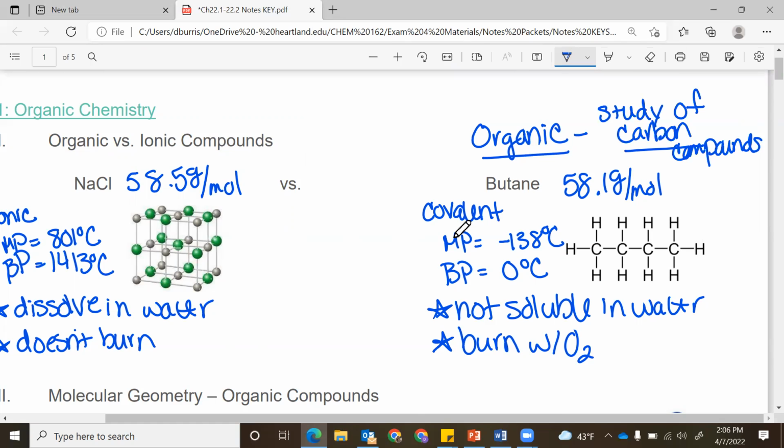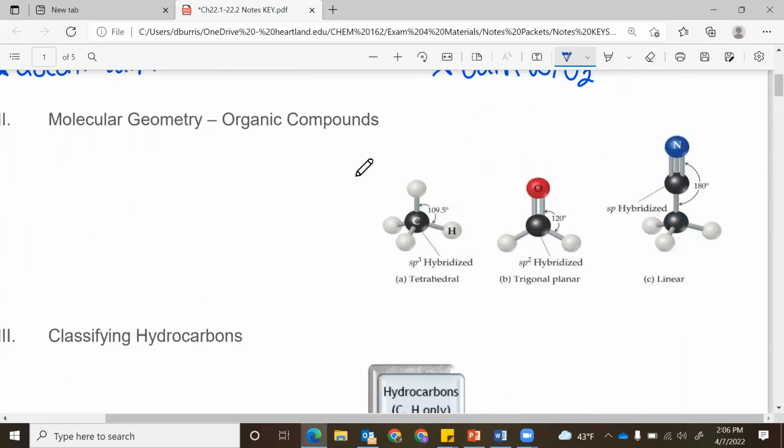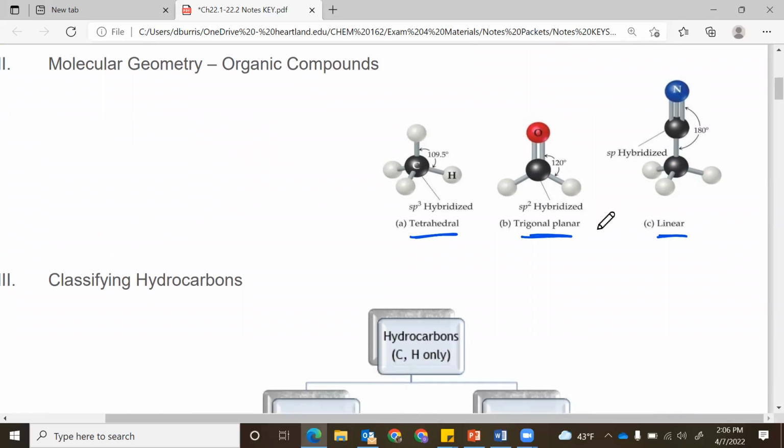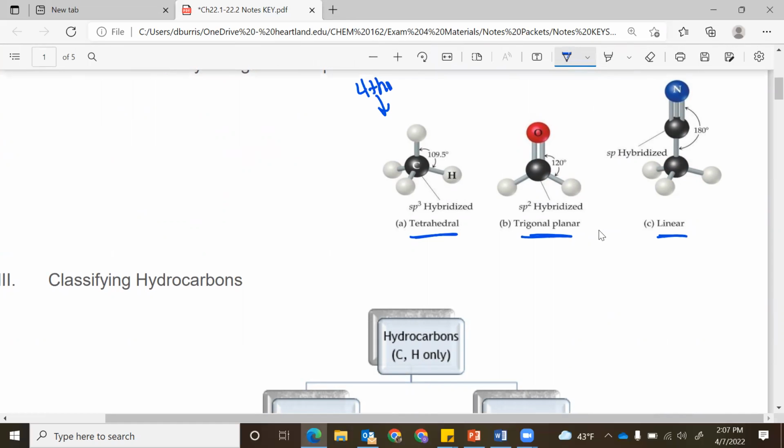So organic compounds. When I say molecular geometry, you probably think back to 161 and you're like, I don't remember what all the shapes are. Well, the only ones you need to remember for organic compounds are tetrahedral, trigonal planar, and linear. If you have 4 things bonded to carbon, it's going to be tetrahedral.